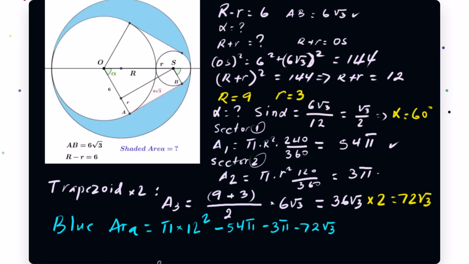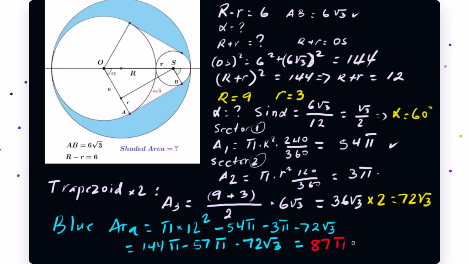So that will give us the final answer of 144 pi minus 57 pi minus 72√3, which is equal to 87 pi minus 72√3, and that is the answer.